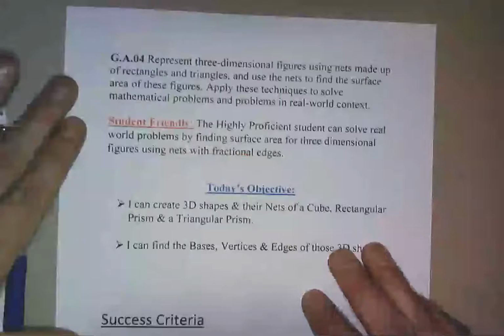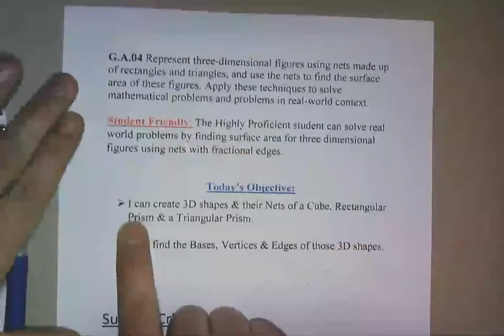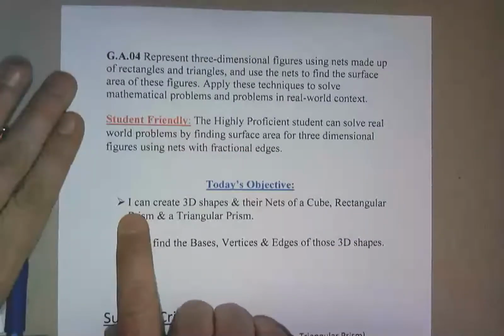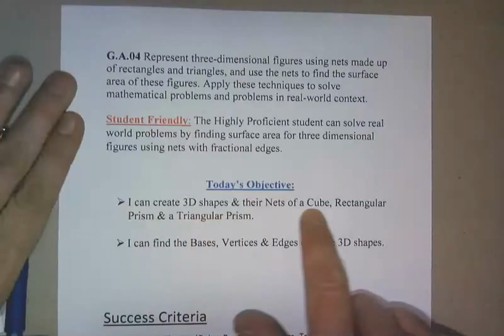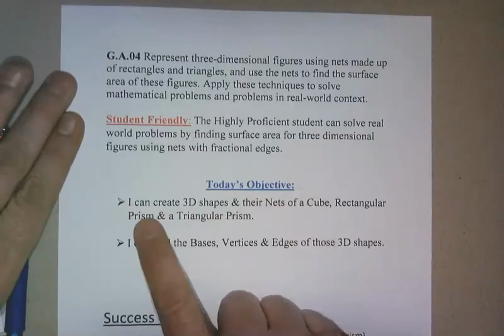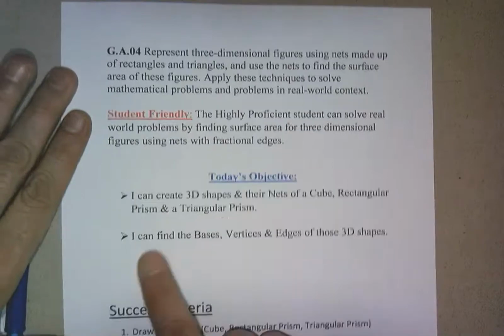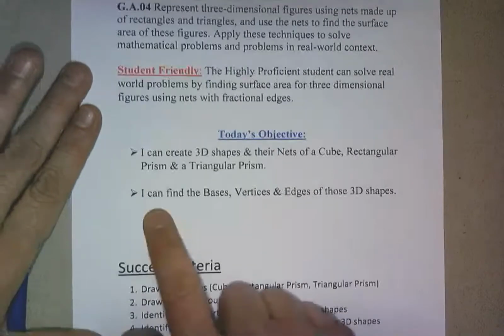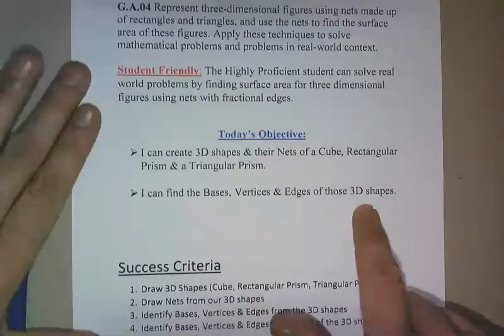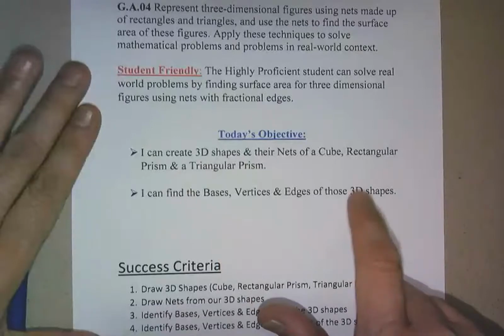So if I come back over here to end our lesson, did we draw 3D shapes and their nets of a cube, a rectangular prism, and a triangular prism? Yes, we did. And the next one, can I find the bases, the vertices, and the edges of those 3D shapes? We sure did.